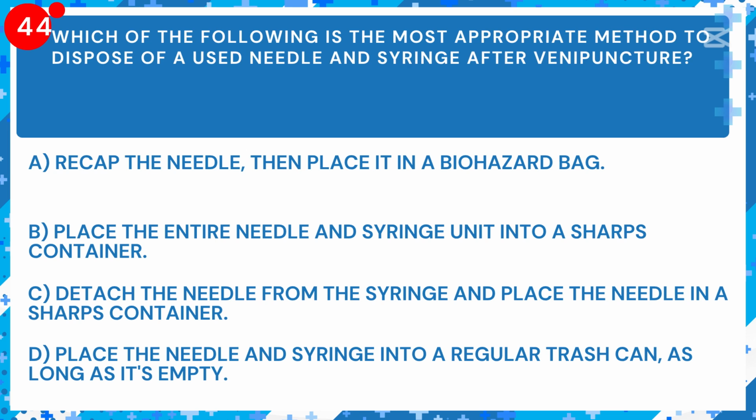A. Recap the needle, then place it in a biohazard bag. B. Place the entire needle and syringe unit into a sharps container. C. Detach the needle from the syringe and place the needle in a sharps container. D. Place the needle and syringe into a regular trash can, as long as it's empty.